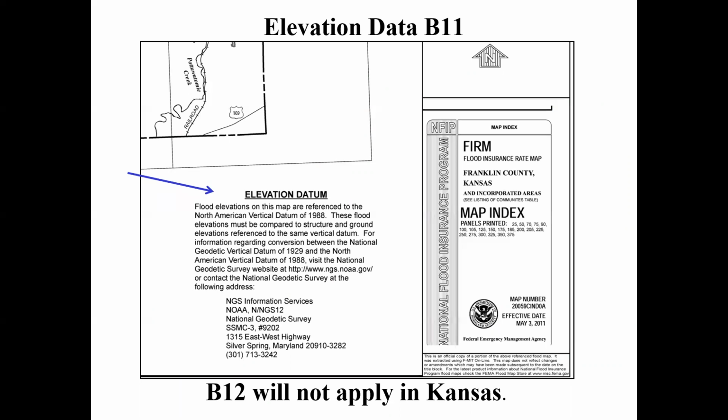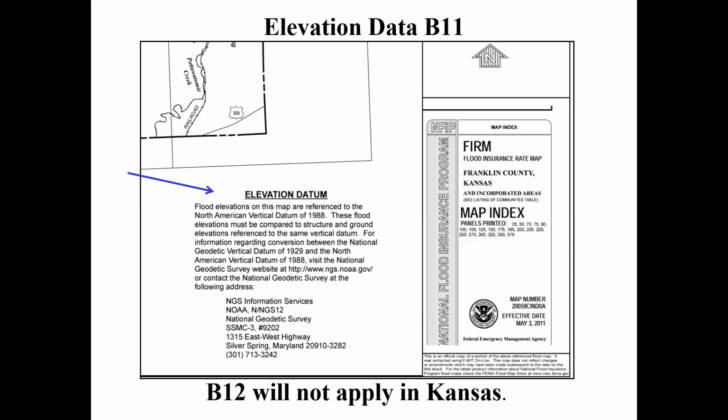The maps since 2005 have this datum used, and then maps from the 90s and that kind of era have the National Geodetic Vertical Datum from 1929. These two datums are very different, and we do not want to be mixing datums.